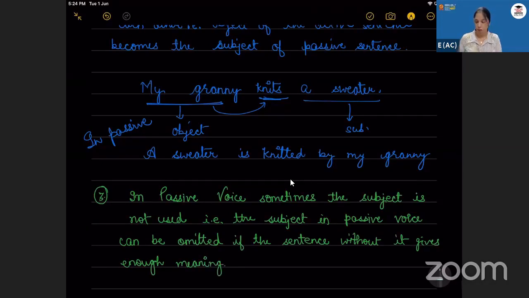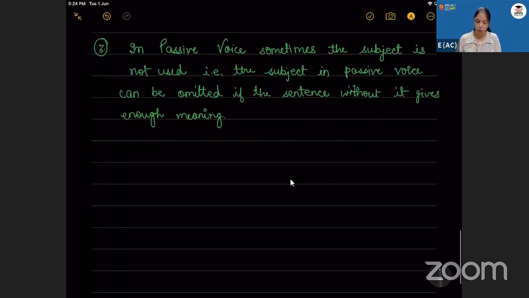With an example, you will get it. A thief stole my car.